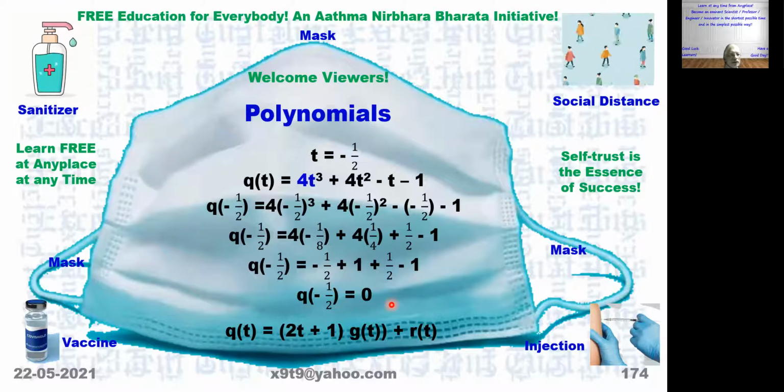That means from the remainder theorem, q(t) is equal to (2t + 1) multiplied by g(t) plus remainder r(t), and the remainder r(t) is 0.